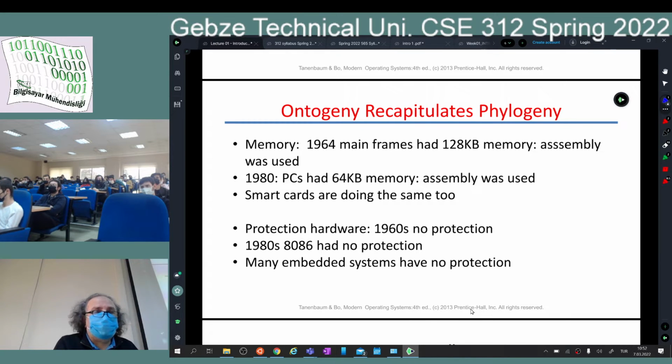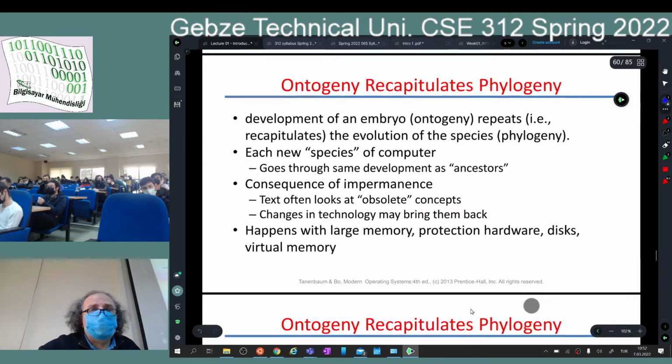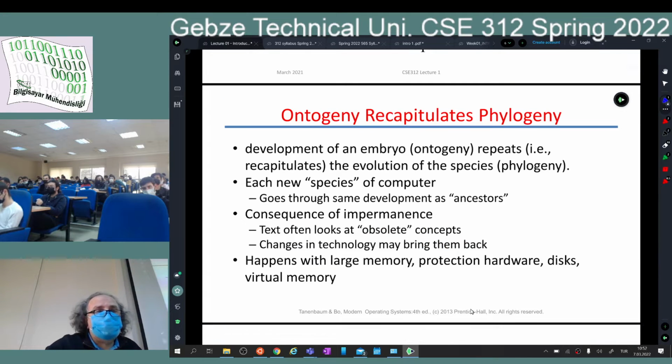What does that mean? Okay, it means that whatever the new types of computers are, they are usually smaller and cheaper, but they are usually weak too in terms of memory and CPU power. So we have to be very careful about these kinds of resources. You are going to start programming in assembly again. You are going to start using techniques that do not use much CPU power, etc. And so we are going to go through the same phases as the previous computers.